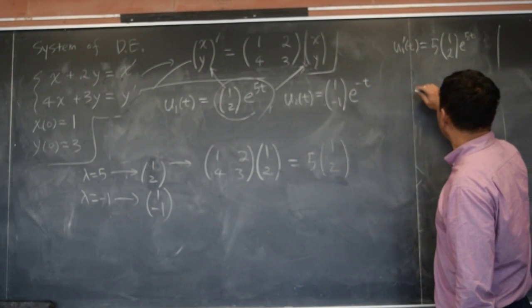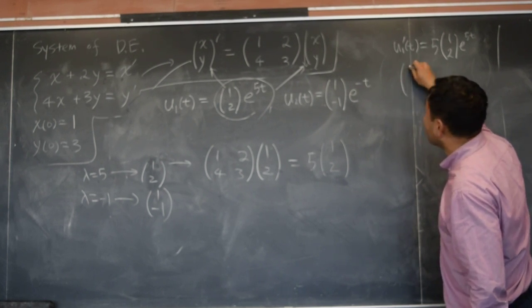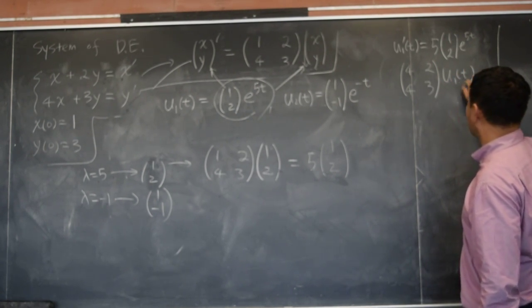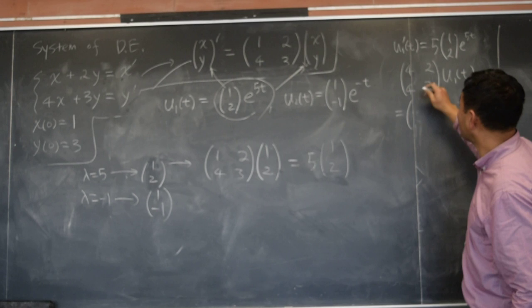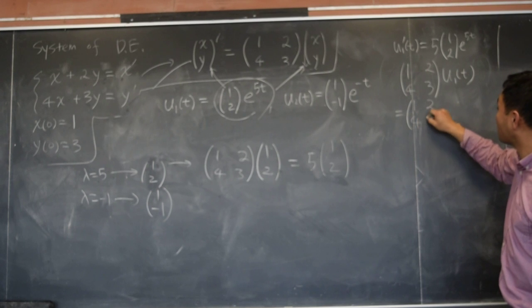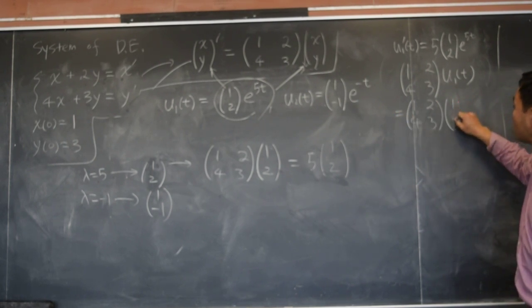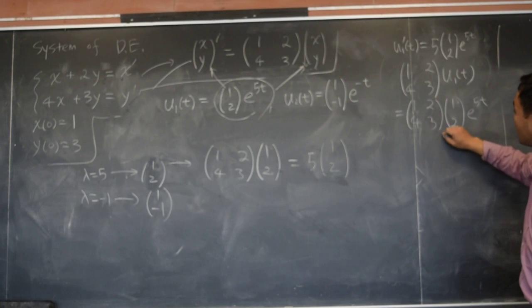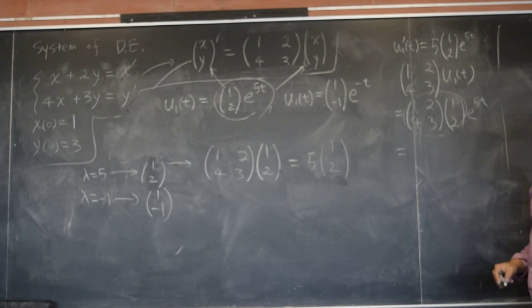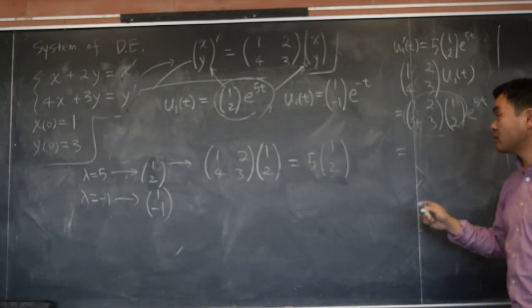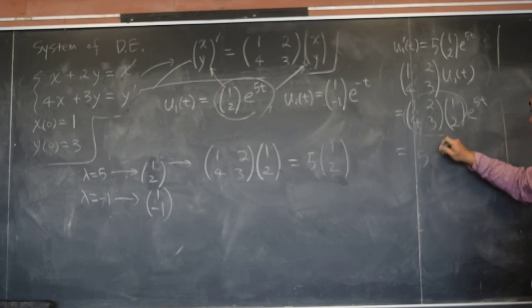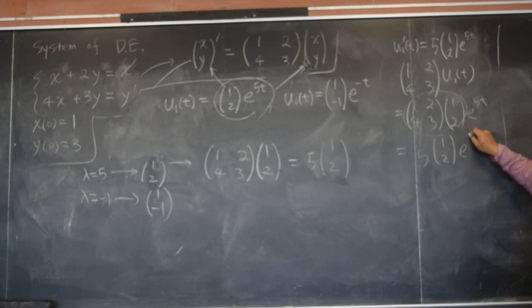And then think about what (1, 2; 4, 3) times u1(t) is. This is (1, 2; 4, 3) times (1, 2) e to the 5t. And what is this? It's 5 times (1, 2) e to the 5t.